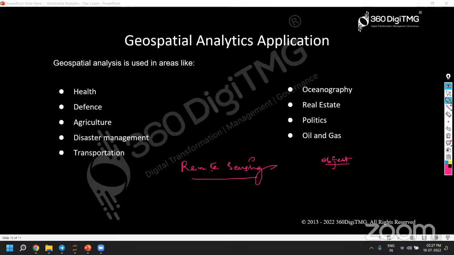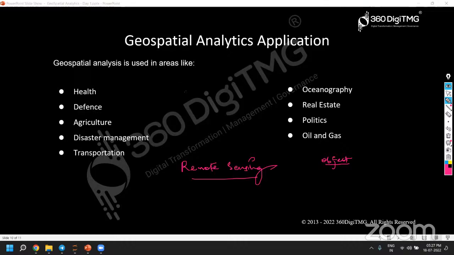Remote sensing has created a lot of advanced development in the GIS area. It allowed a lot of research and development in GIS.